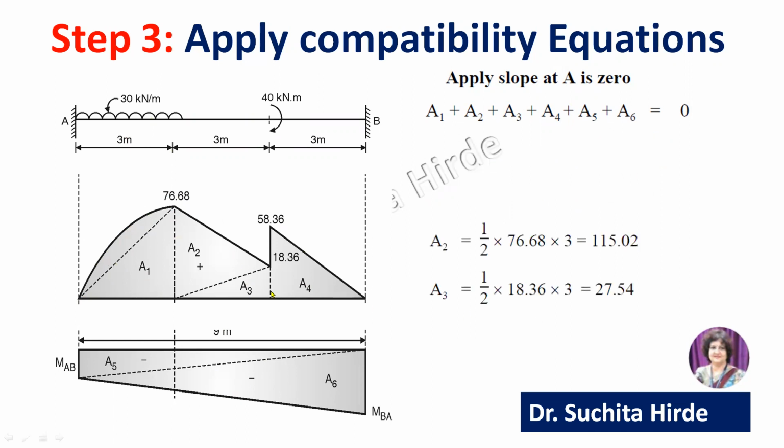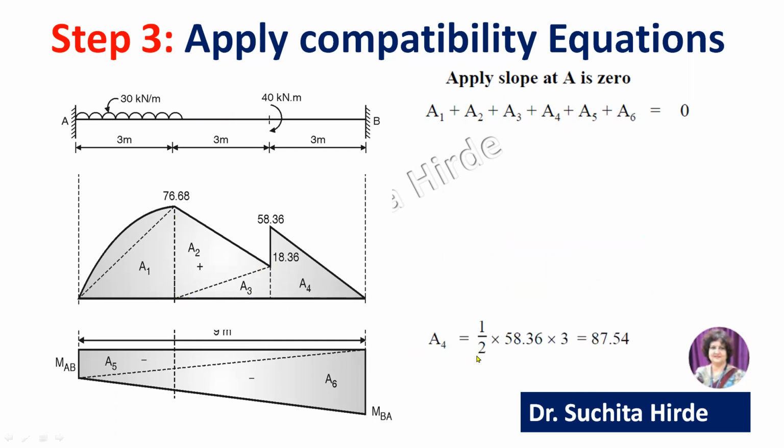After that A2, A3, these are just triangles. So half base is 76.868 multiplied by height, perpendicular height is 3 meter. So this is area A2. Area A3 is half, then this is 18.36 and this distance is 3 meter. So we get A2, A3 like this.